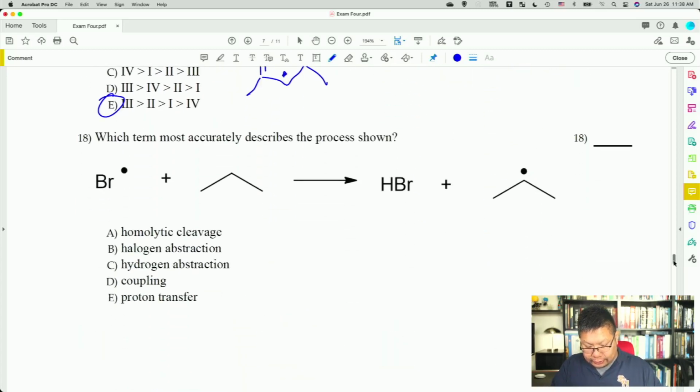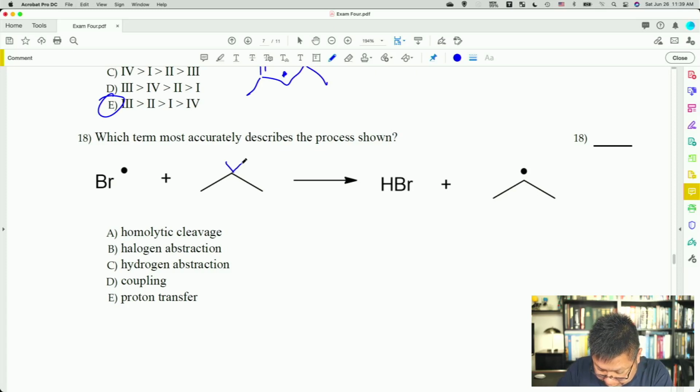Next, what term best describes the process shown here? We have a radical, so it's going to come over here to the secondary position and abstract a proton. Let me just do that again. I didn't draw that very well. Undo, undo, undo.